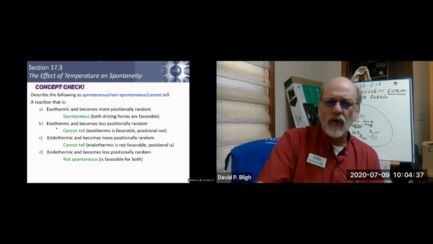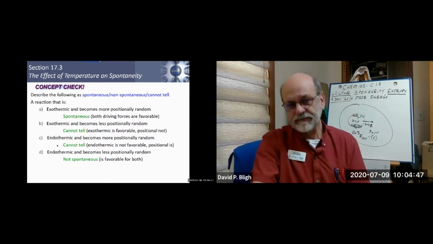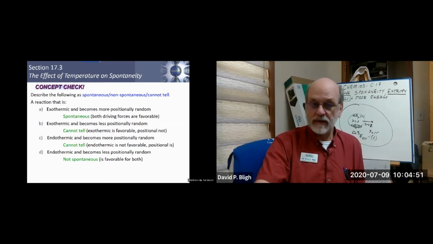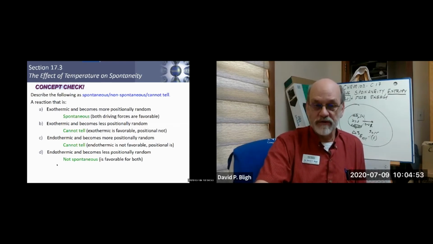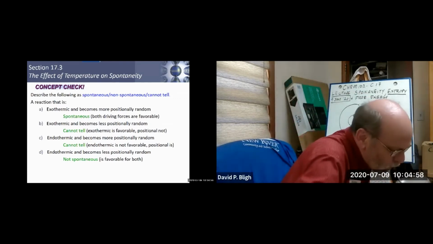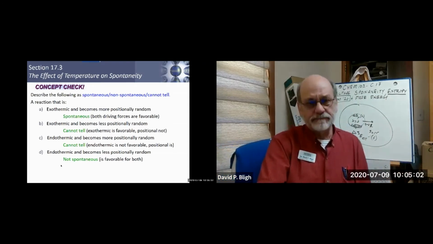So we can't always say that exothermic is spontaneous or that endothermic is not spontaneous. It depends on the circumstances. Endothermic versus exothermic doesn't tell the whole story. I see that as the moral of this slide. All right.